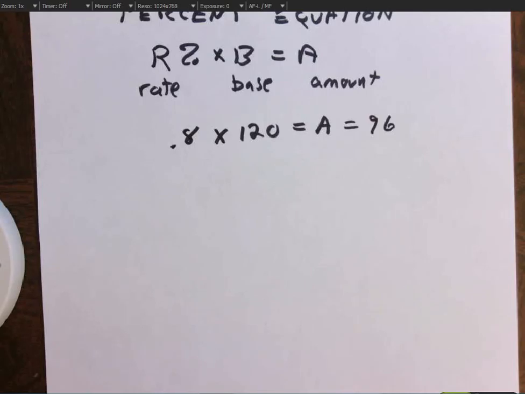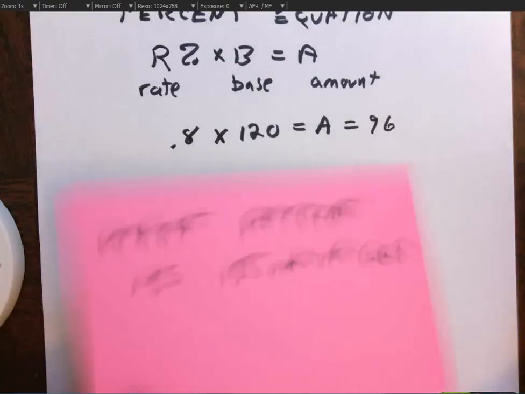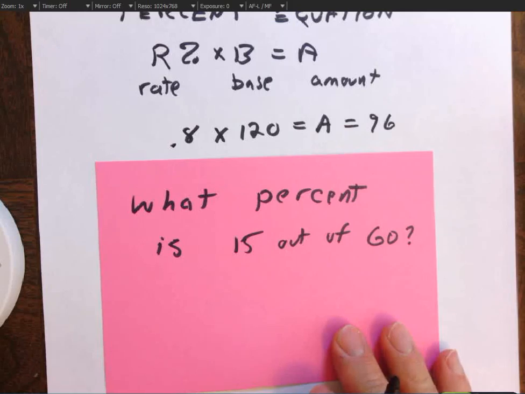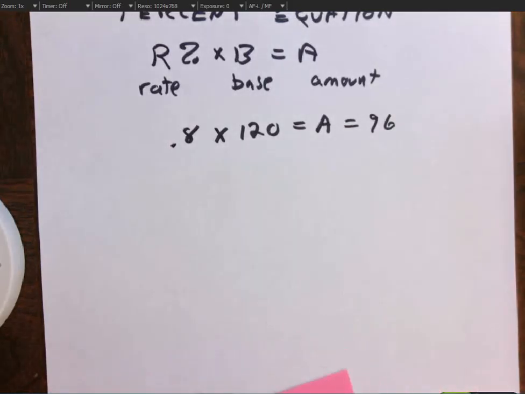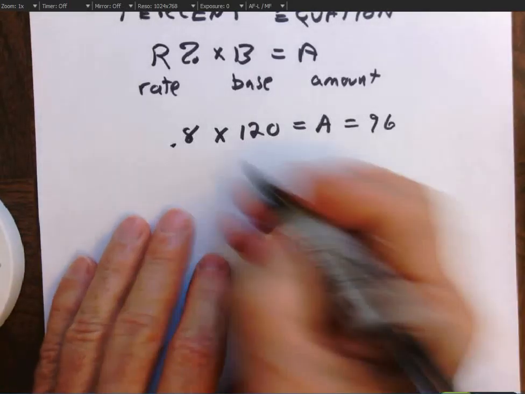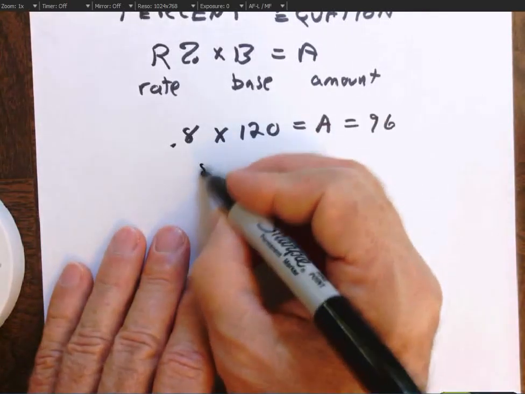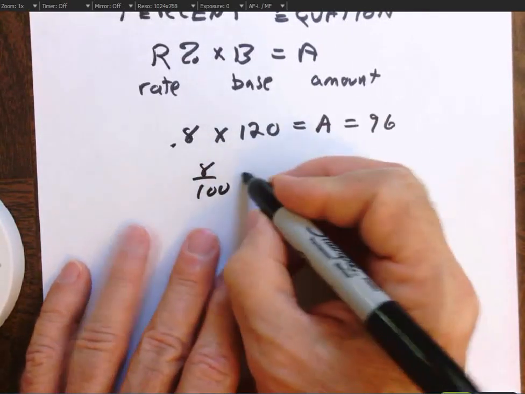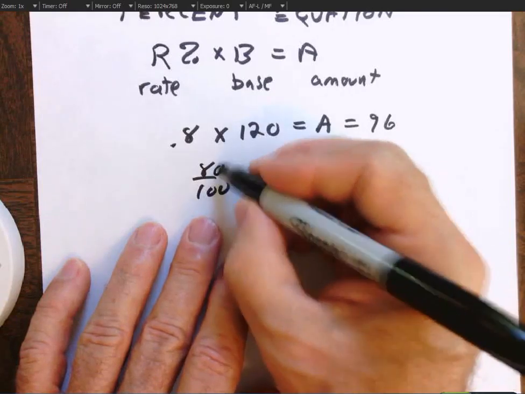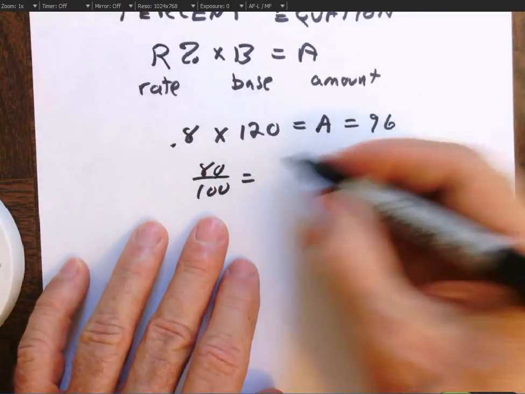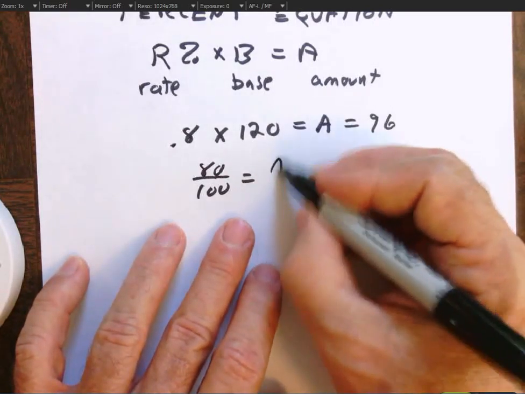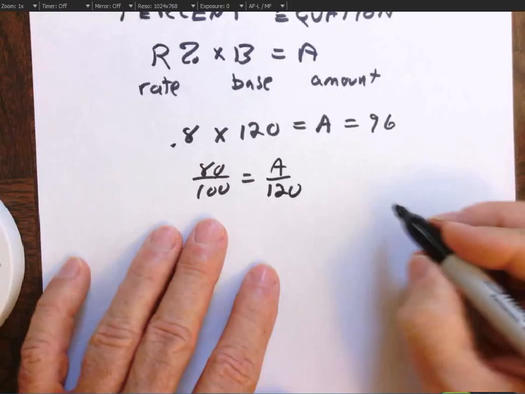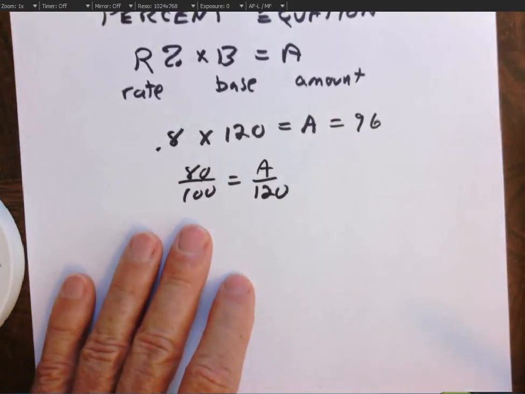Okay, so say your problem is, what percent is 15 out of 60? Well, let me back up a little. These can all be done as ratio problems. So I can write 80 out of 100, because that's what 80% means, equals A out of 120. And then I can solve it by cross products.